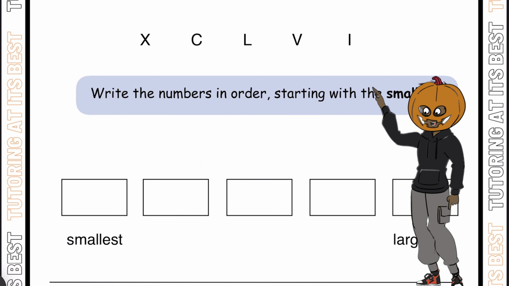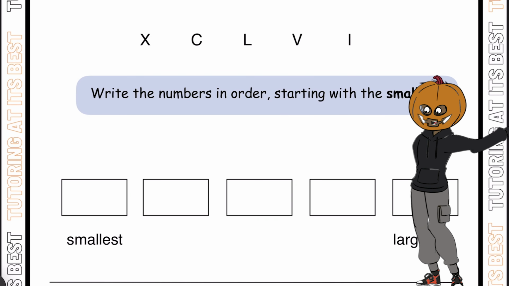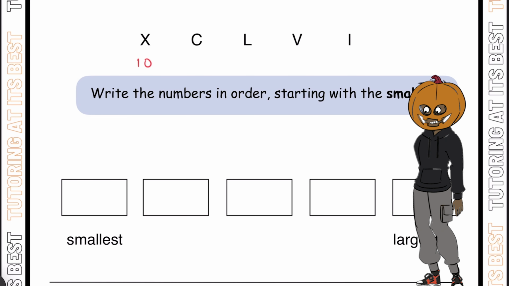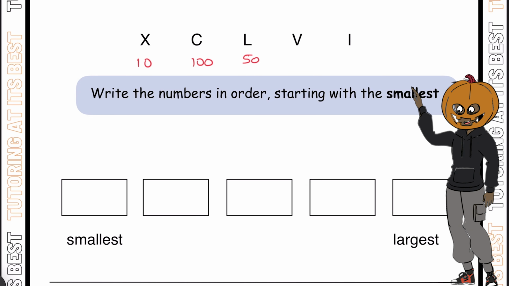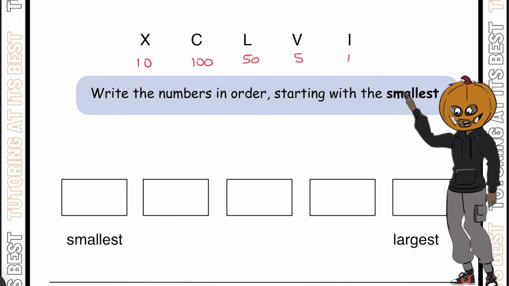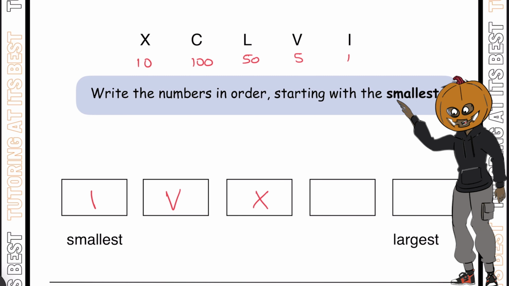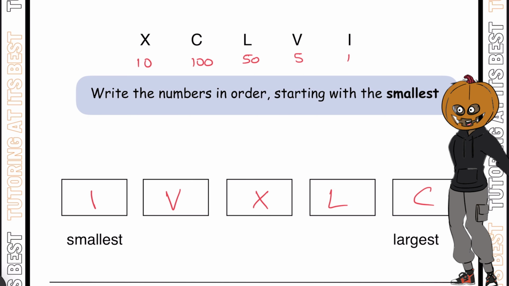Let's go for question 11. We now need to write them from the smallest to the largest. So again, before you do that, you can simply write the values of them just underneath. And then you can simply do it from smallest to largest. So we know it's going to be I, V, X, L, and C. Beautiful.